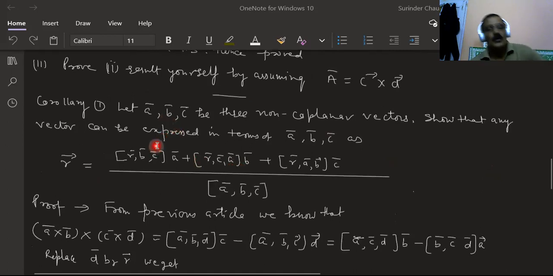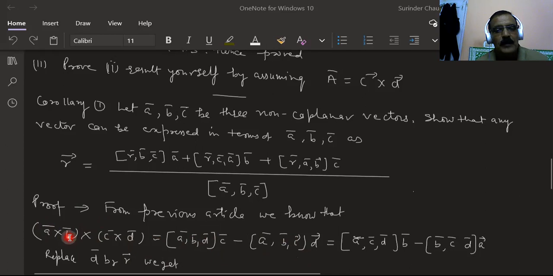We know that if you find the cross product of four vectors A, B, C, D, then the resultant, from the previous article, A cross B cross C cross D is equal to: if we first find the cross of AB, the resultant vector will be perpendicular to A and B vectors and coplanar to the C D vector.